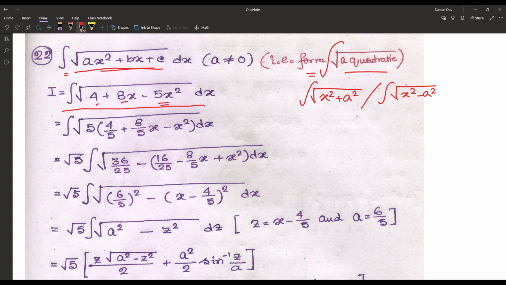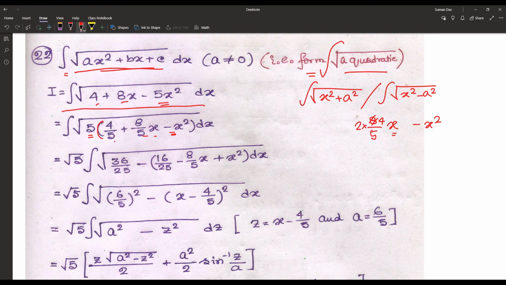So we are taking the common 5 from here, so we are getting 4 by 5 plus 8 by 5x minus x square. The x square is there, so here we have to transform it into the 2ab format. Here that is given 8 by 5x, so we can write it as 2 into 4 by 5x.